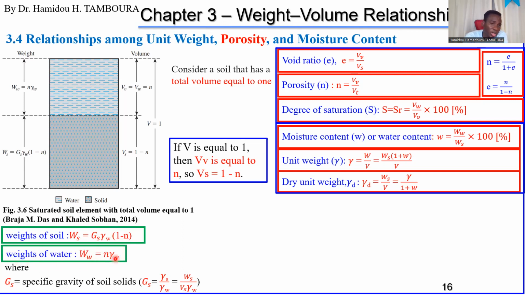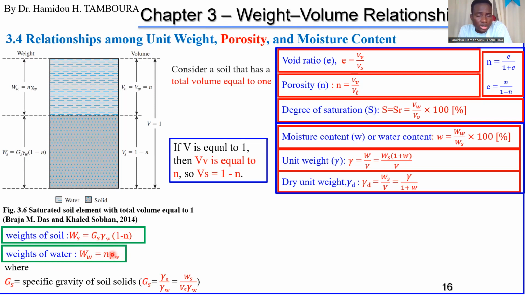Just multiply the volume of water by the unit weight of water. So gamma W multiplied by, we can use gamma W easily because it's not something difficult. It's something that doesn't change. Gamma W, the unit weight of water, is the unit weight of water. It doesn't matter where you go, it's the same.